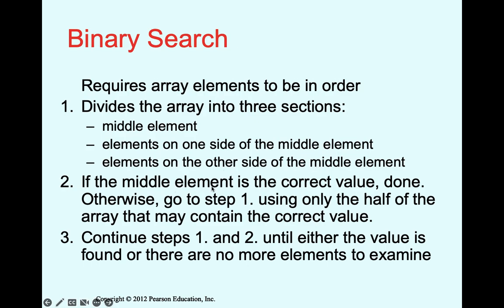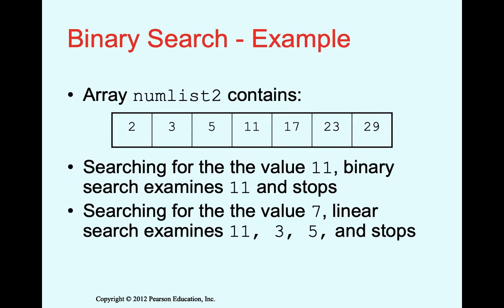First we compare with the middle element. If we find the value in the middle element, we are done. Otherwise, if it's less than the middle, we go to the first half. If it's more than the middle, we go to the second half. And we repeat. Imagine it's in the second half. We go to the middle of the second half and we repeat and so on.